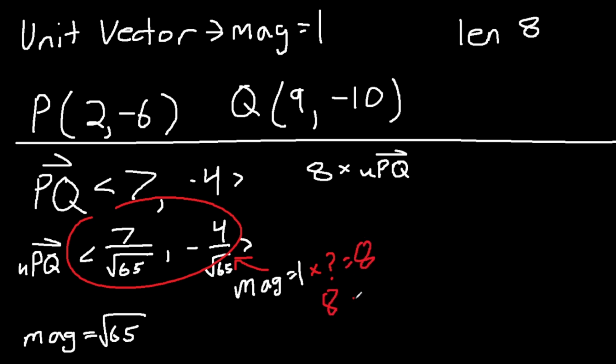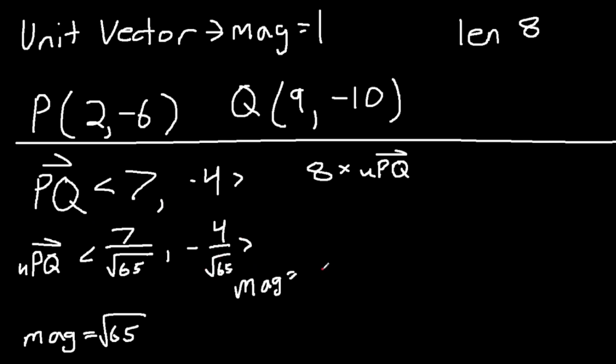Well, obviously, you multiply 1 by 8. So that means we have to multiply the unit vector by 8 to get a length of 8.